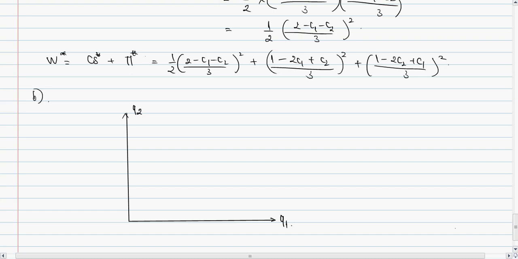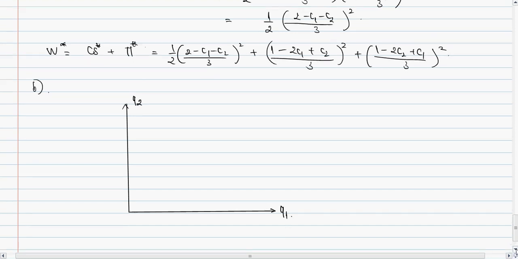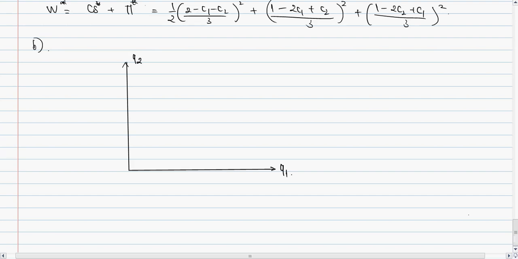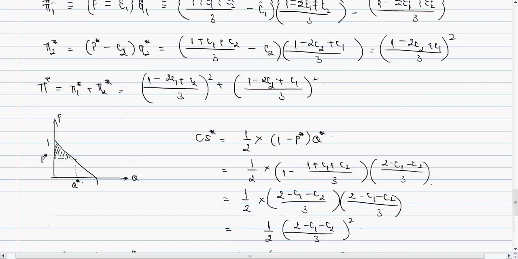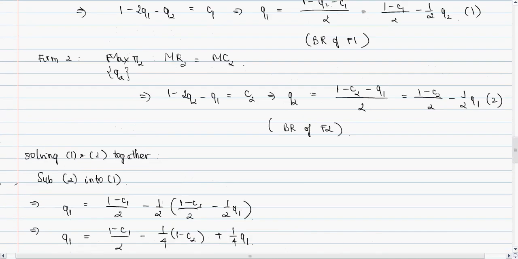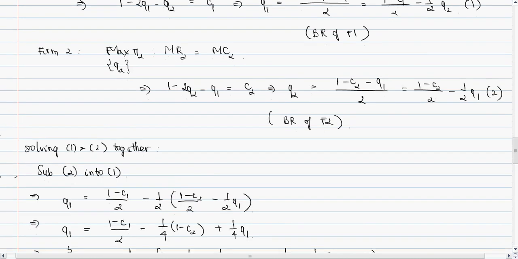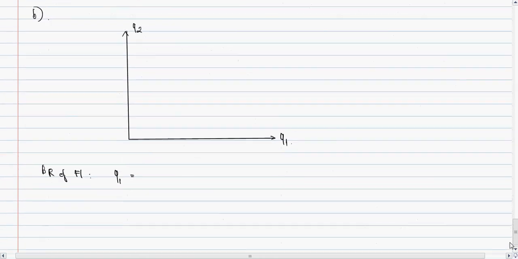Okay, so we want to see how each of the firms will be responding to the quantity decision made by the other firm. So we have the best response function of firm 1, like we found before: Q1 is equal to (1 - C1)/2 minus half of Q2.